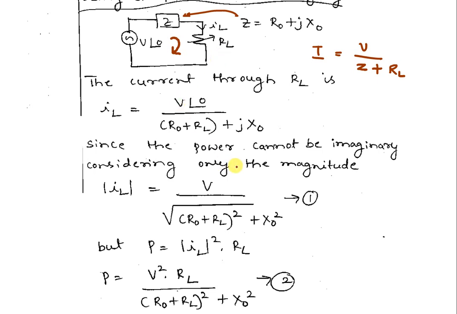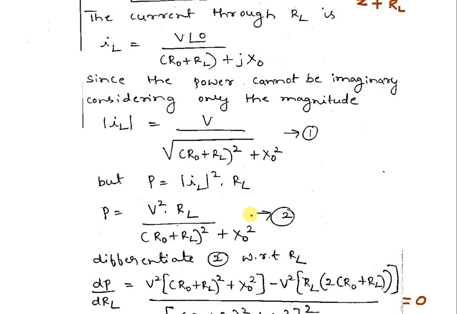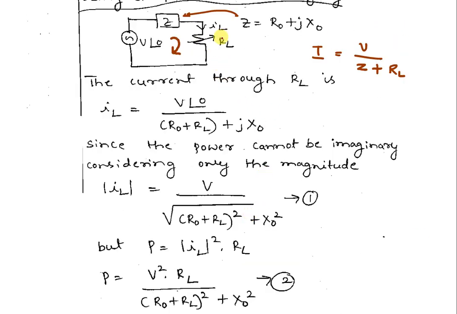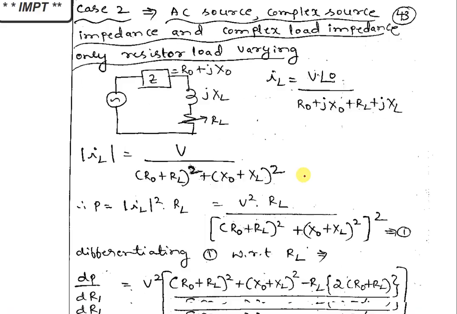The maximum power transfer theorem actually has three statements, and for all of them you have to derive the maximum power condition when they ask. The first one is for a DC network: RL should be equal to RS, that is, load resistance should be equal to RTH. If it is an AC source and the load is only RL, then RL should be equal to the magnitude of the source impedance. Okay, thank you.